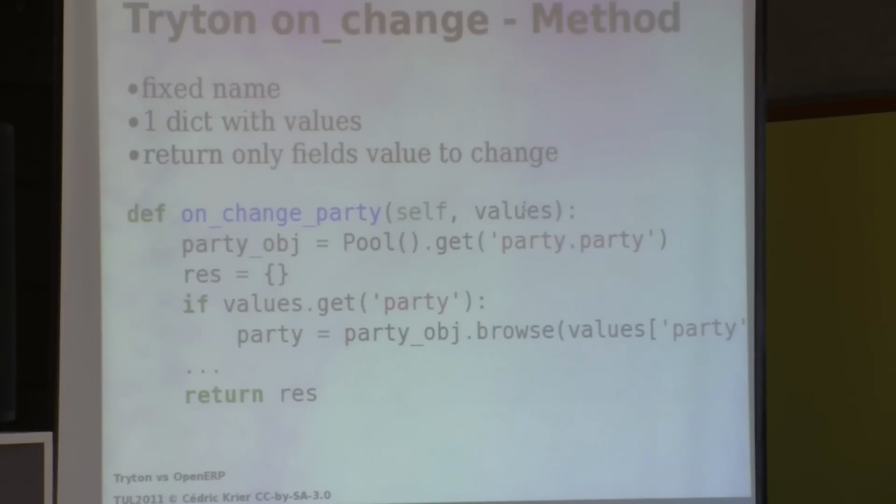It's a dictionary with all the fields you put in your list. So if you append a new field, you will get it as a key of values. So you don't have the positional issue, it's easier to extend. And onchange returns only new values. It doesn't change anything else in the form.